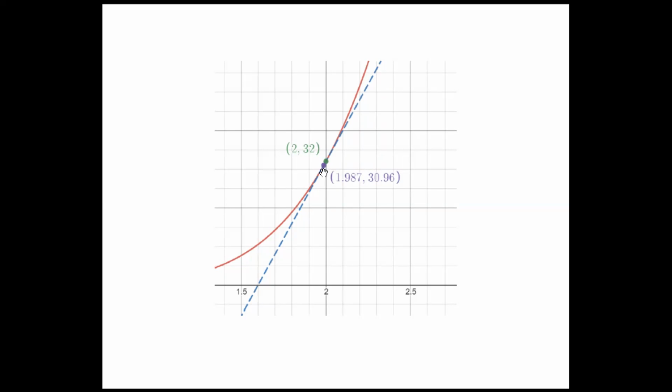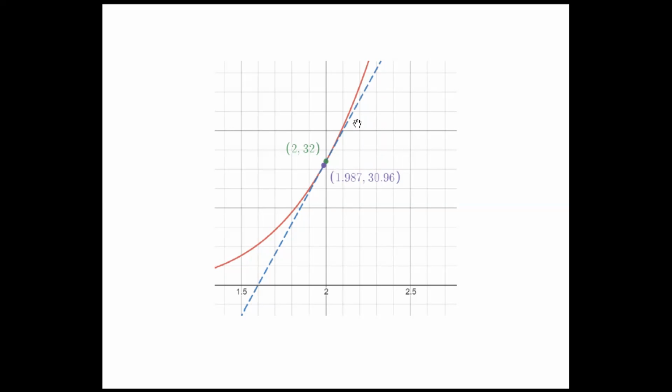On the other hand, the point 1.987, located here, is not at (2, 32), but it is so close that the two are, for all intents and purposes, the same.